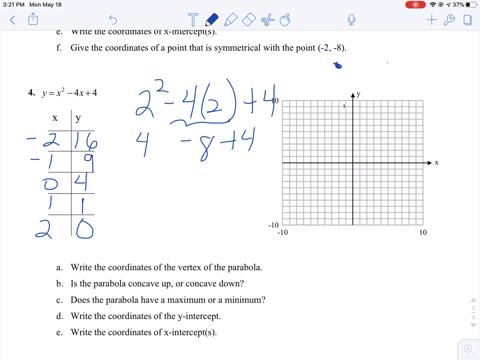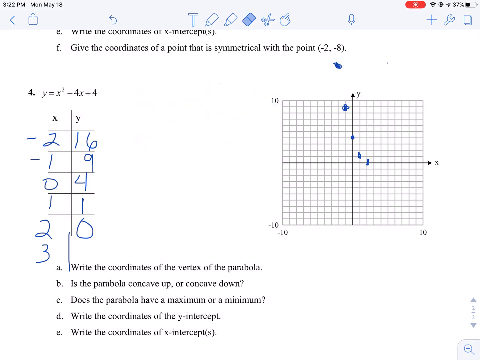Negative 1, 9 is right there. 0, 4 is right here. 1, 1 is right here. 2, 0 is here. Let's just see what happens at 3. It looks like the 2, 0 is going to be the lowest point, the minimum. But let's take a look for sure.